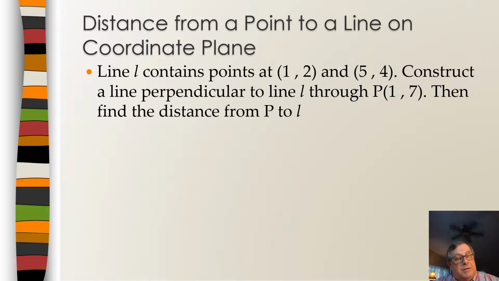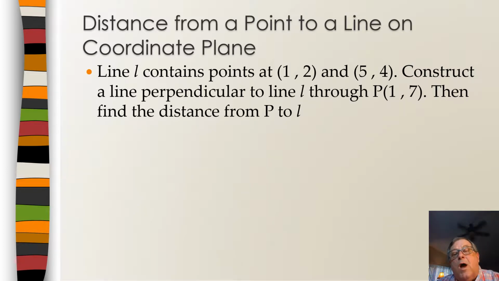And then I've got to use the distance formula to find the distance from point P to the intersection on line L. So let's begin by finding the slope of line L and then write the equation for line L. Are you ready? Doesn't matter if you are or not, we're going to plow through.